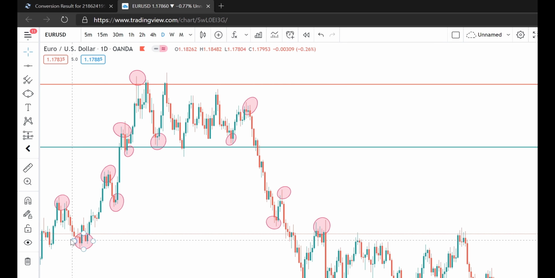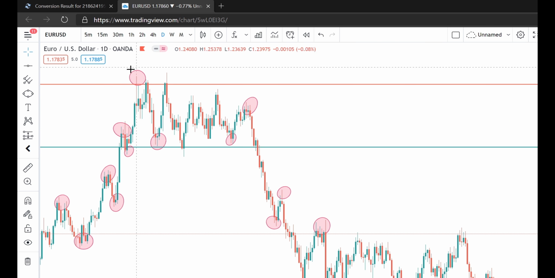And right here, we have our first low or our first trough. And right here, we have a higher high. Right here, we have a higher low. Right here, we have another higher high, another higher low. And right here we have another higher high and another higher low.